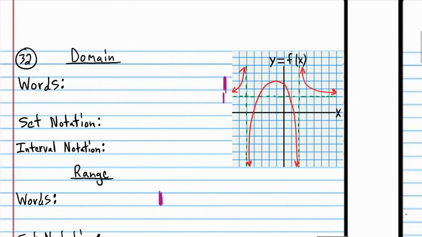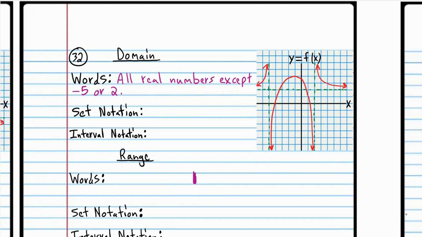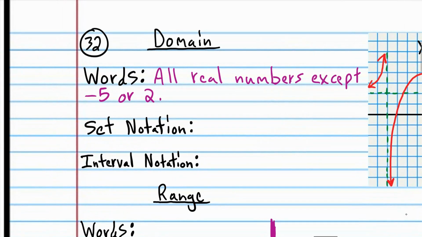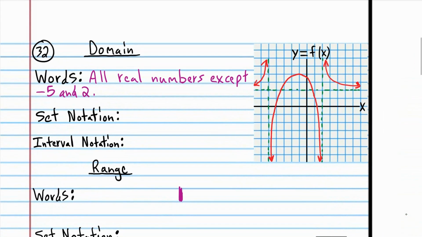Okay, we're back. The domain is all real numbers except -5 or 2. Now again, it's probably best to write and rather than or. In set notation, we write the set of all x values such that x is not equal to -5 and x is not equal to 2.